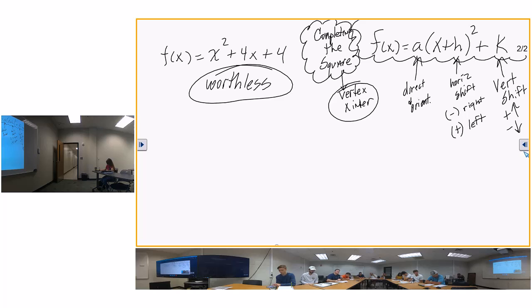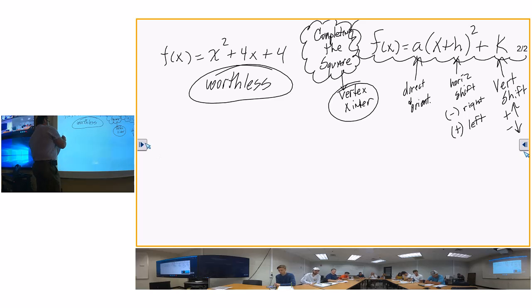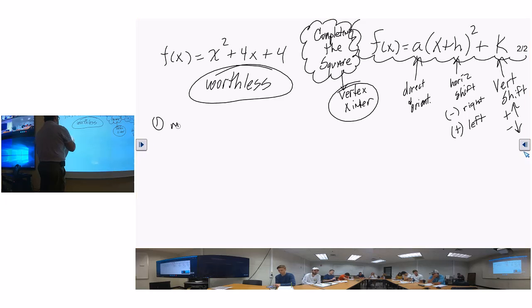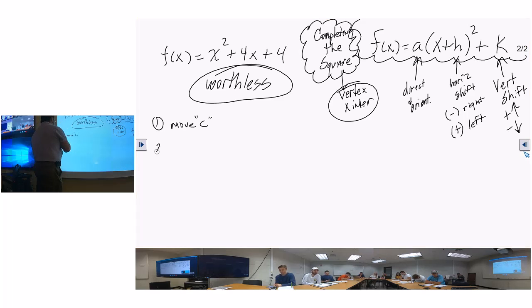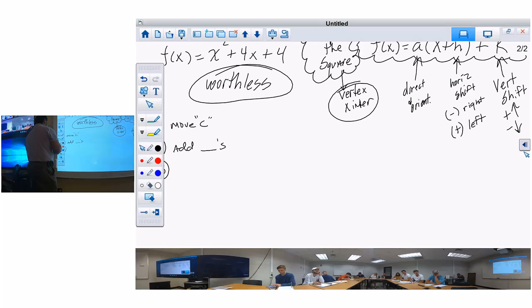So, let's go and let's talk about completing the square. First thing you do is you move C. Second thing you do is you add blanks. Third thing you do, and the most important thing, so that means I'm going to write it in red.